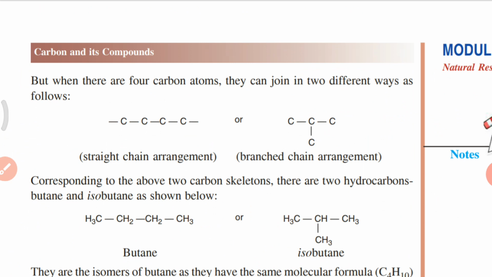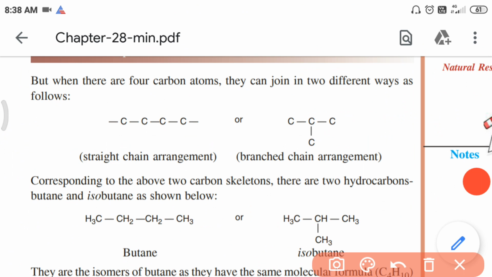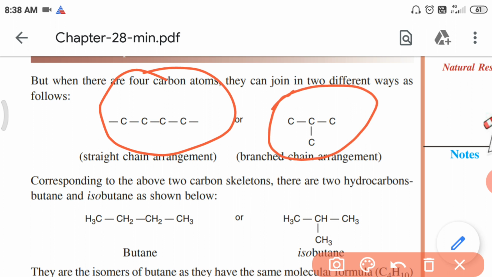Here we can see a straight chain arrangement of butane. It contains 4 carbon atoms. We can arrange them in a straight chain. Here we change the structure. It's a branched chain arrangement. Clear? Normal butane is like this: CH3, CH2, CH2, CH3.